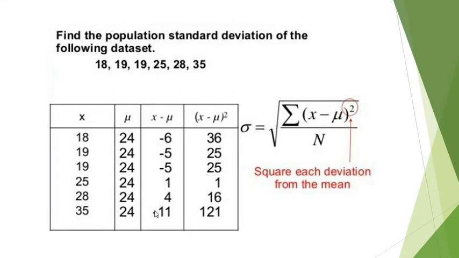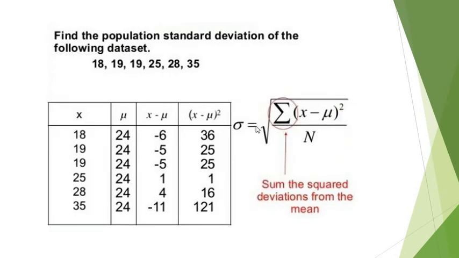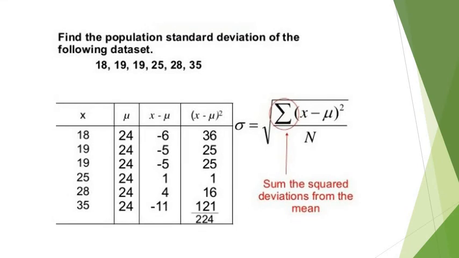Okay, just remember this should be positive 11. Alright, so next we're going to find the sum of these values. According to the formula, we find the sum of all the values of x minus mu squared. We get what? 224. If you use a calculator and add up all of these values, you get 224.